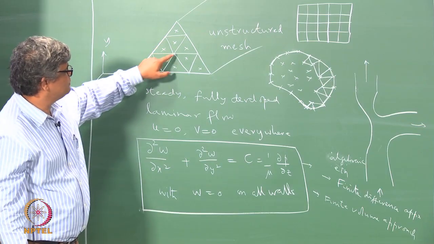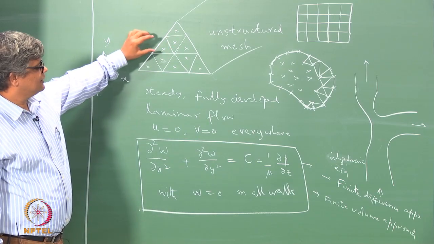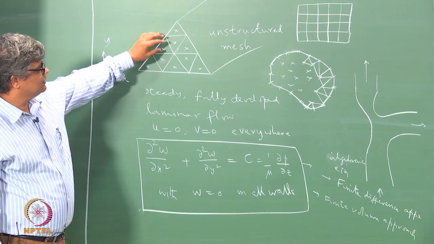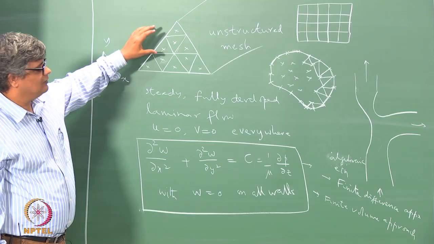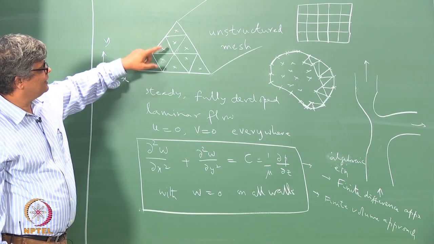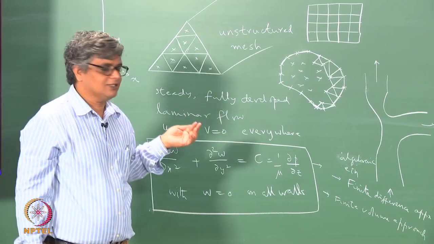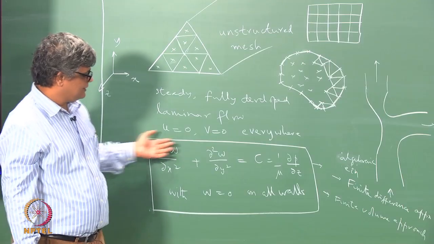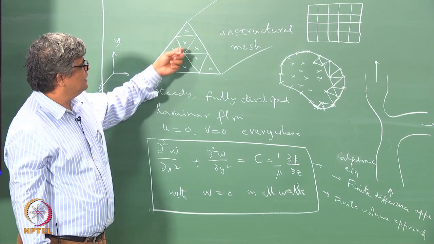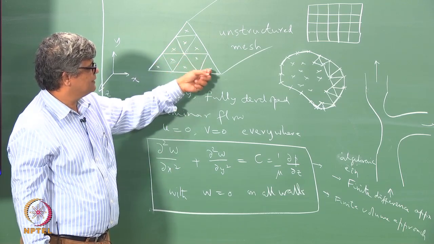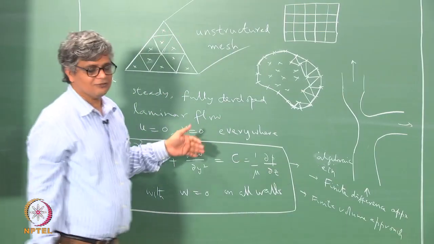For example, in this particular case we have a cell here, we integrate this, and in the process of integration we will convert this into an integration across the faces, and then we can evaluate the fluxes associated with this, and we estimate the fluxes and then convert this continuous partial differential equation into an approximate form valid at the centers of each of these cells.